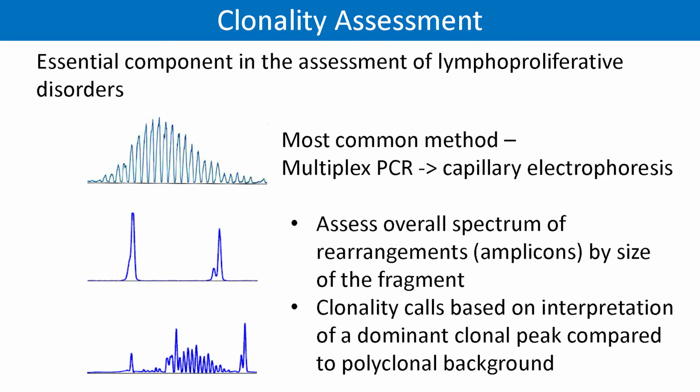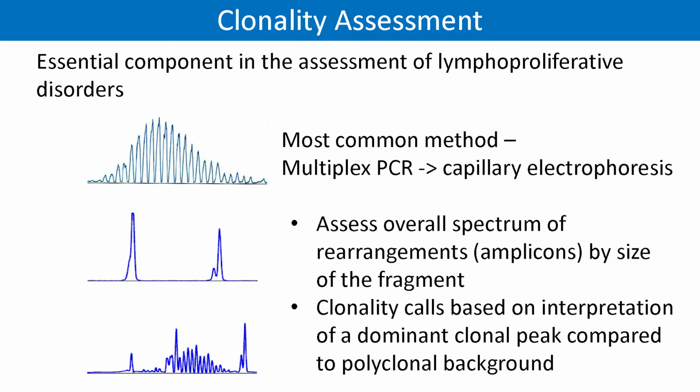When you're looking for something that is rearranged, you're looking for either a single peak or two peaks like you see here, so you're relying on finding that you have this very prominent peak, and perhaps maybe with a little bit of a polyclonal background to be able to say that something is clonal.